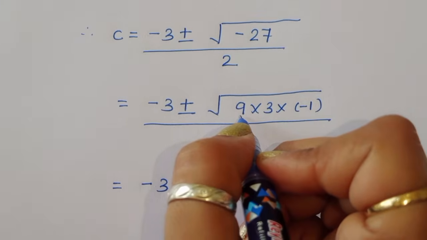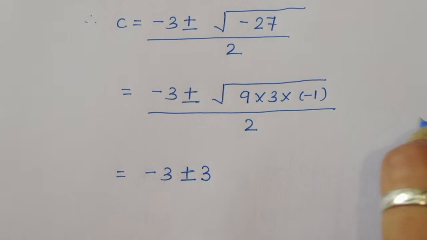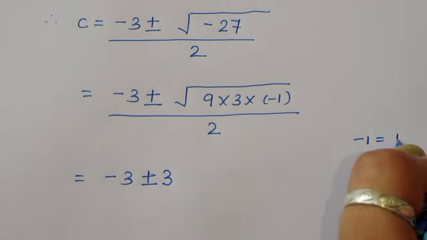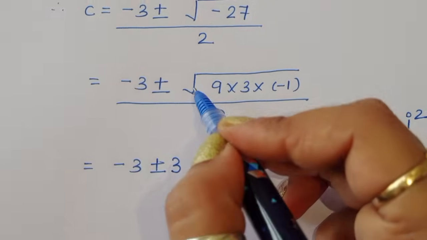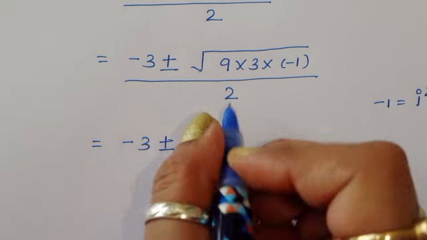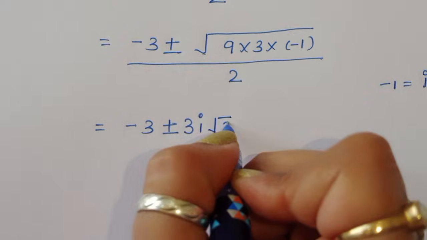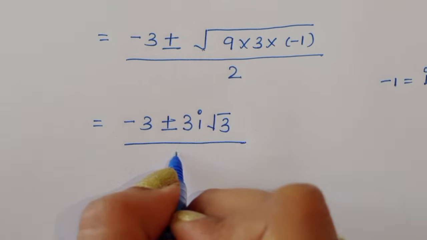Now square root of 9 is 3, and minus 1 is equal to i squared. So the square is cancelled by the square root, so it will become i. So we can write 3i, and the left term under the square root is square root of 3, divided by 2.